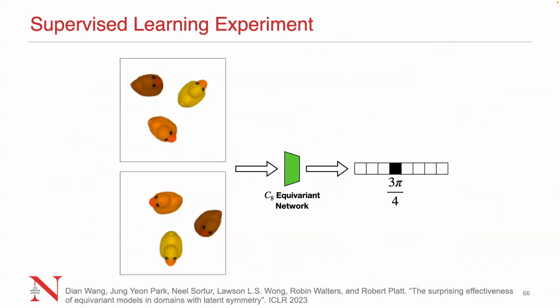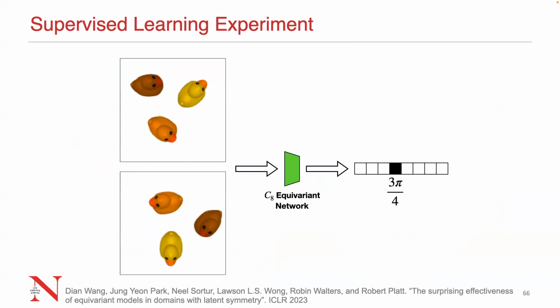To validate that this extrinsic equivariance is helpful, we did some experiments. The first one is a supervised learning experiment. Here, the network takes in two images, and the objects in the two images have some rotation between them. The network needs to estimate the relative rotation between the objects.